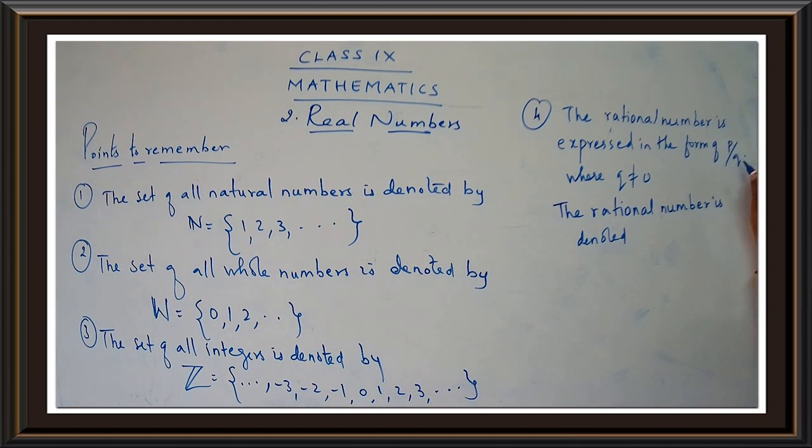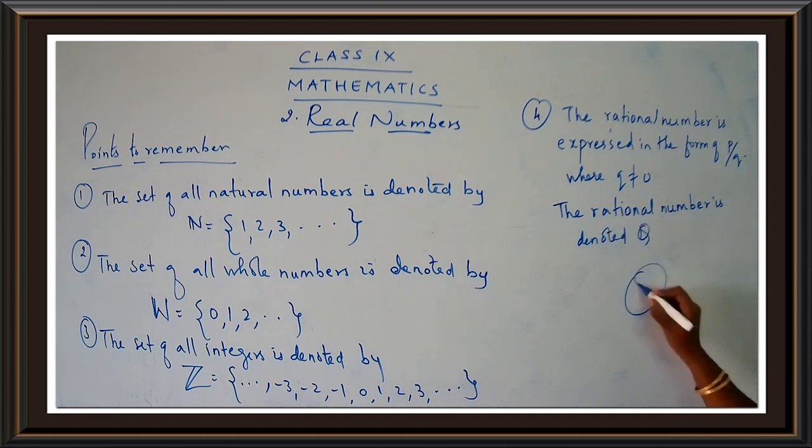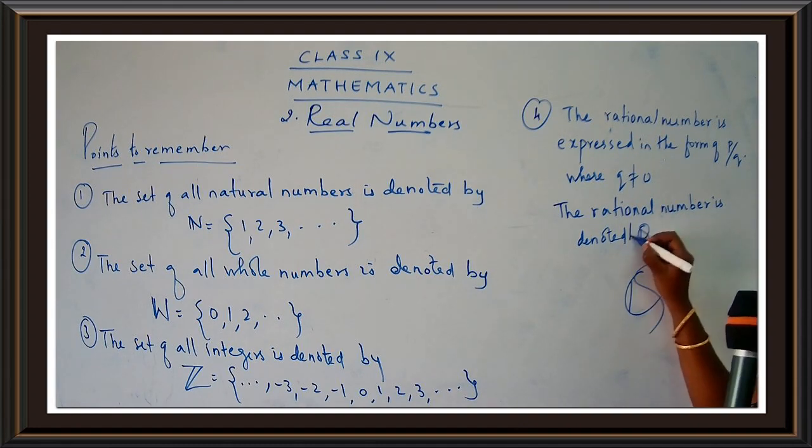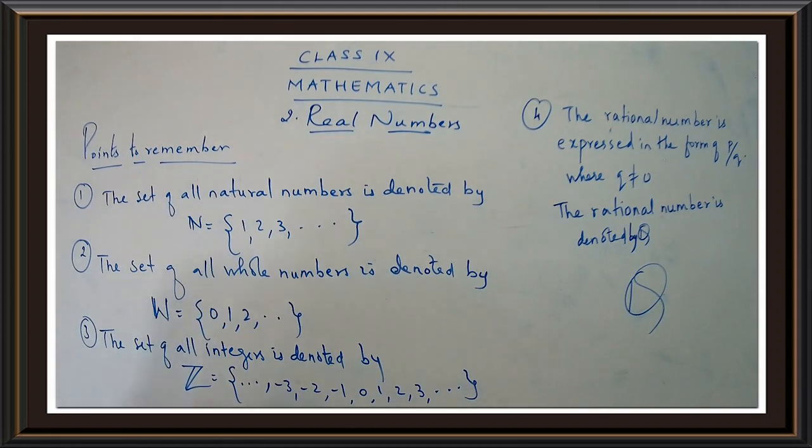So the denominator part should not be equal to 0 and it is denoted by Q. You have to write Q and put one line here. This is a rational number. A rational number is denoted by Q. Have you taken on, children?